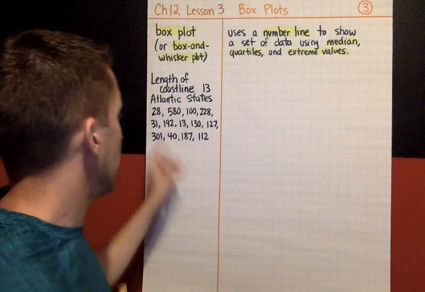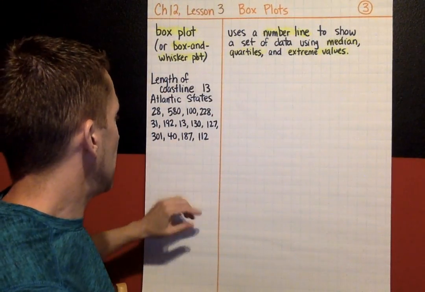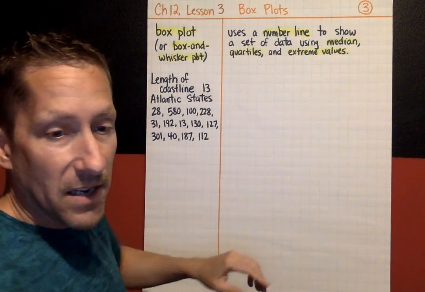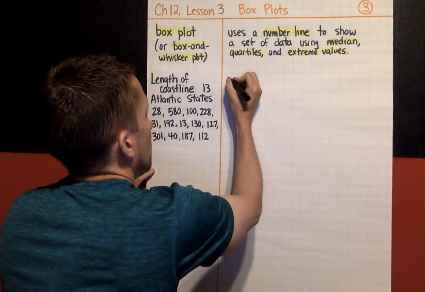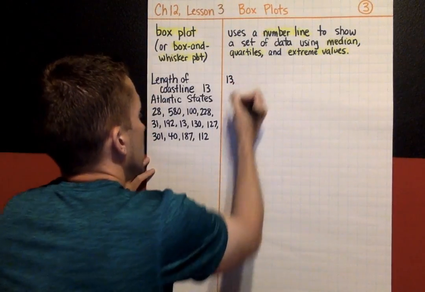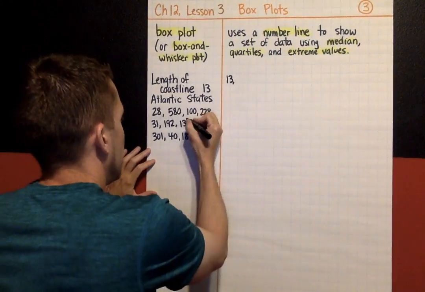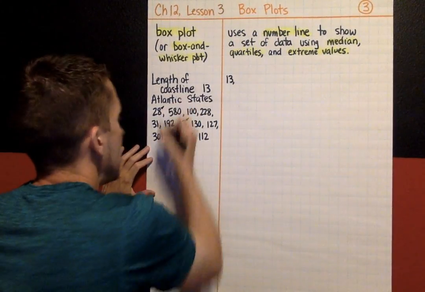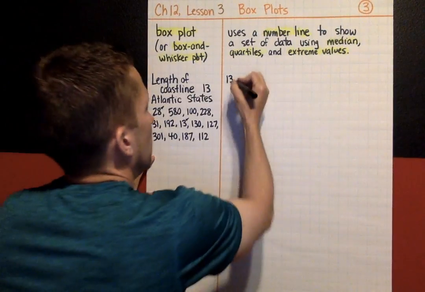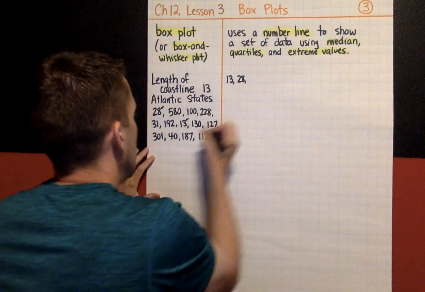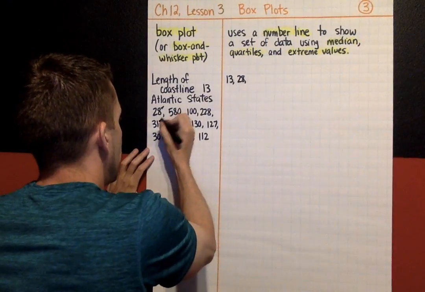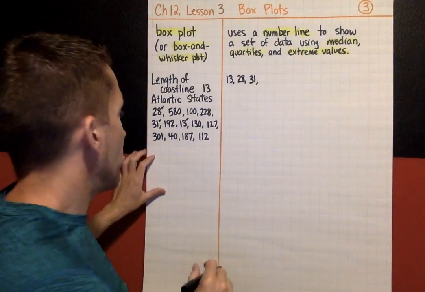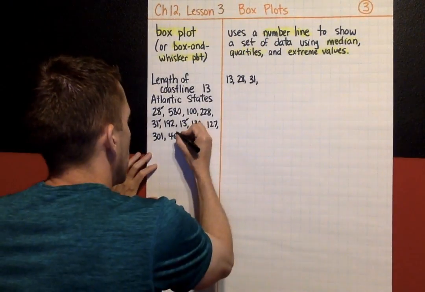So carefully I'm going to read through and look at the data. The very least amount is 13. So I'm going to put these in order. 13. Next, and let's put a little mark by these as we do them. 28 is next. Scanning through my data, 31. After 31 comes 40.